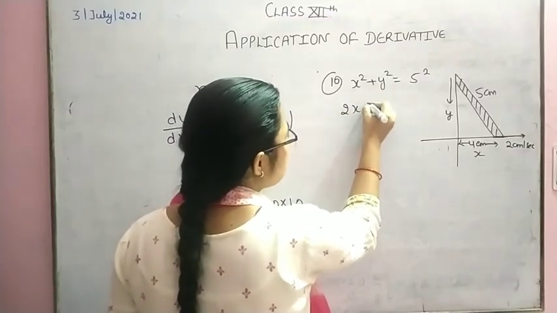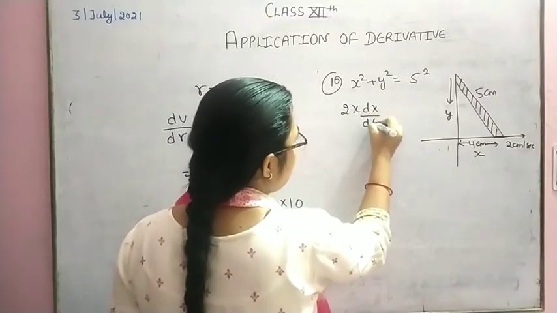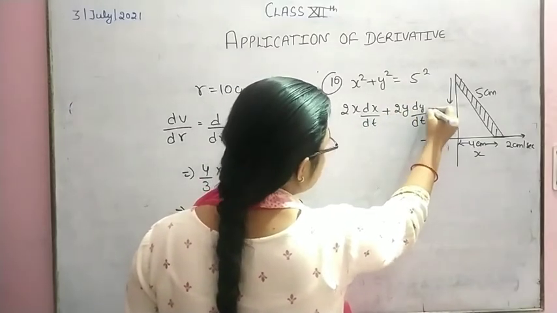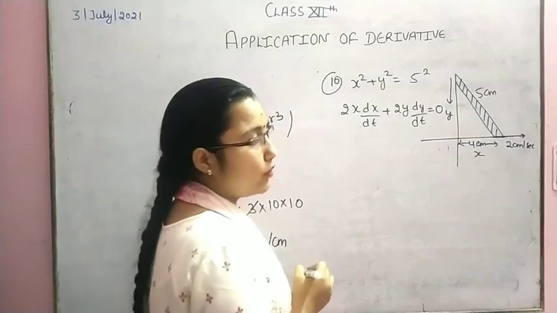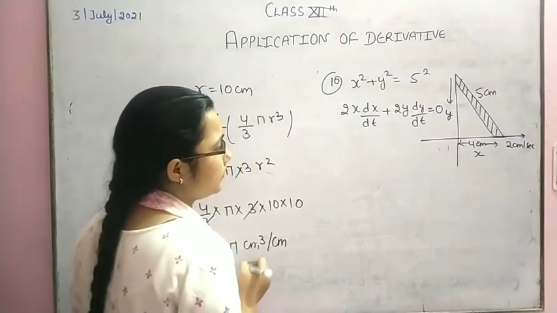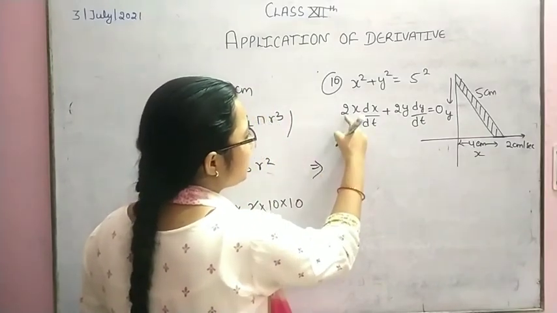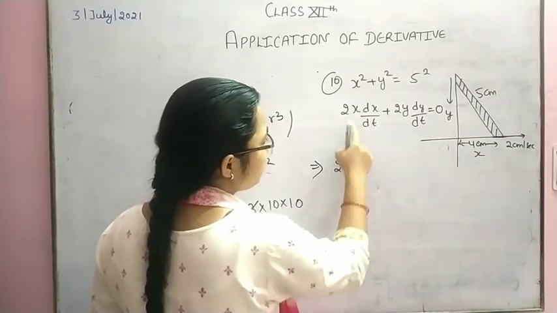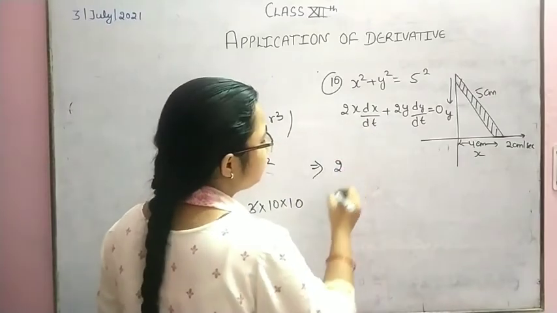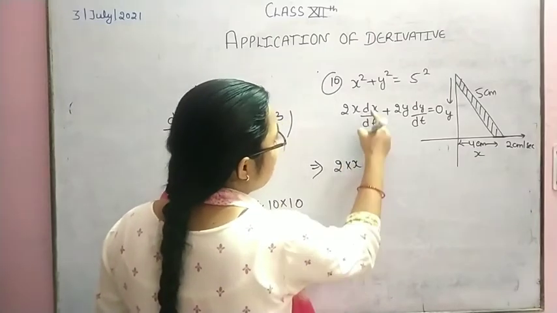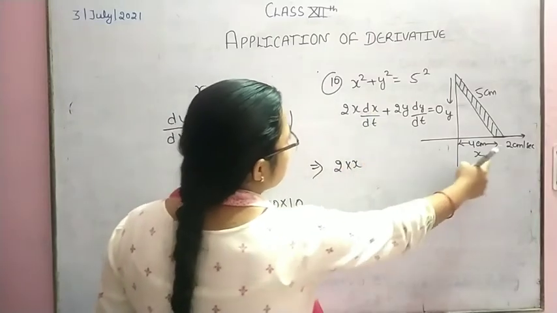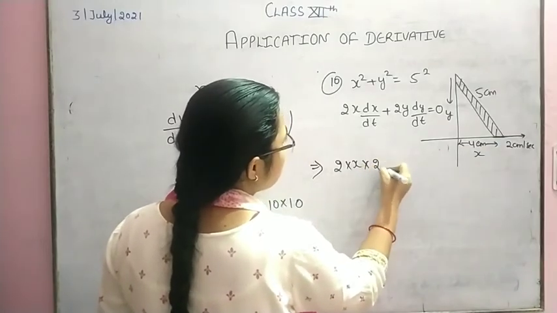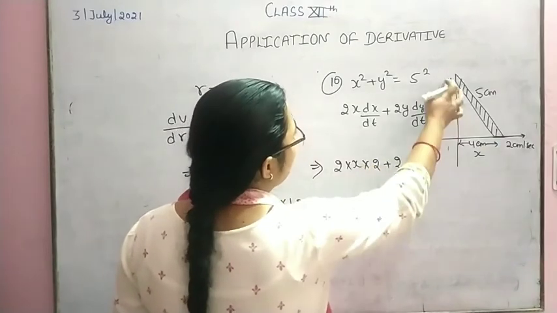We get 2x dx by dt plus 2y dy by dt equals 0, because 5 square is a constant number. Now just put the values here for x and y. dx by dt is given as 2 centimeter per second, and y we don't know.